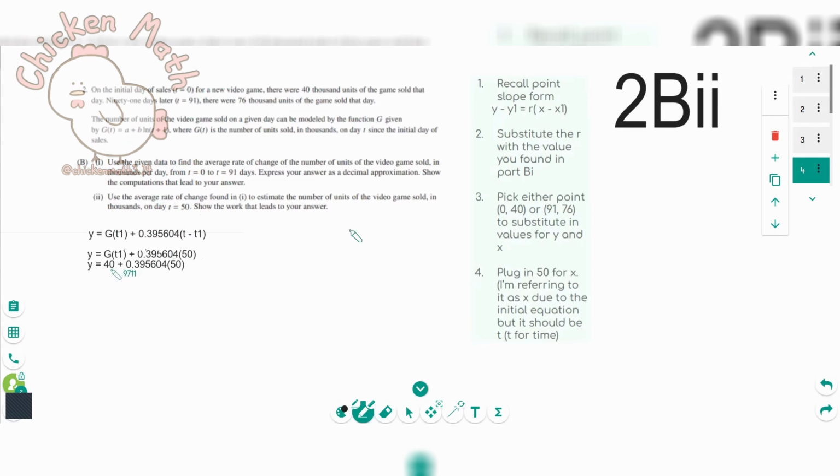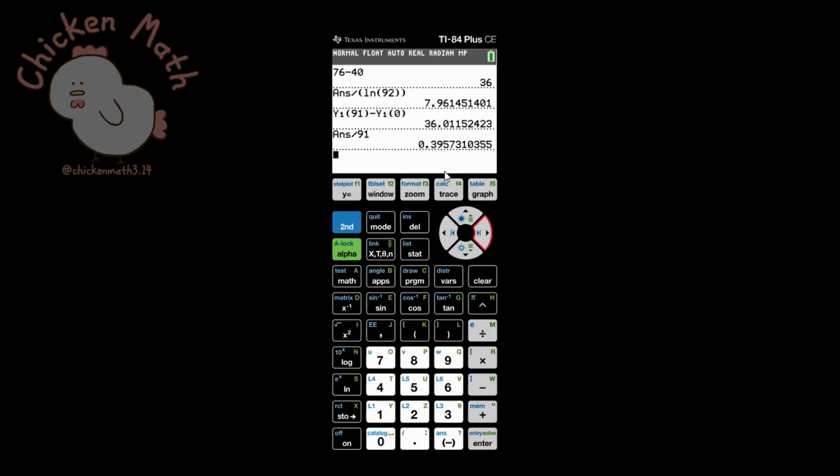So then I plugged that in, and so g of t1, G of 0, would be 40. And since we're using time equals 50, we're plugging that in for t. And t1 is 0 from our point. So once we plug that all in, we should get y equals this number. And then we can simplify this in our calculator. Also, we want to use this exact value for r.